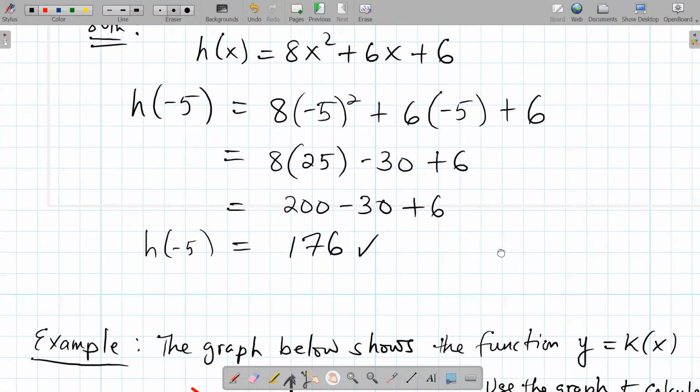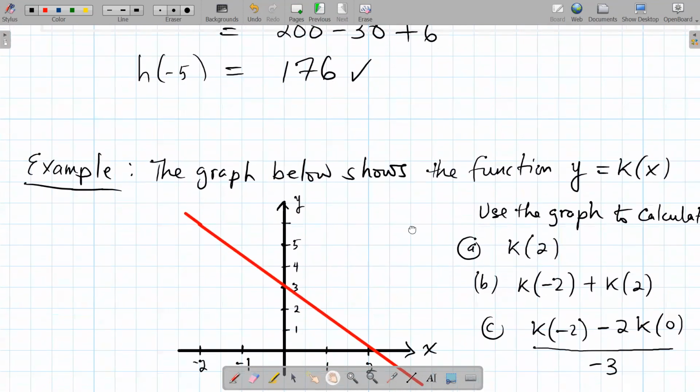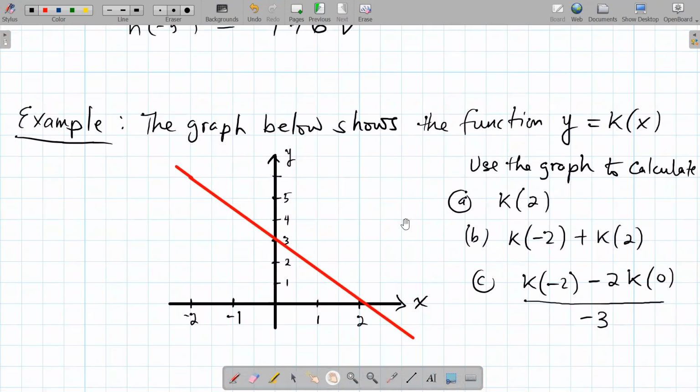So let's look at this last example here. It says the graph below shows the function y equals k of x. So basically, k there is the function that maps the input, which is x, to the output, which is y.